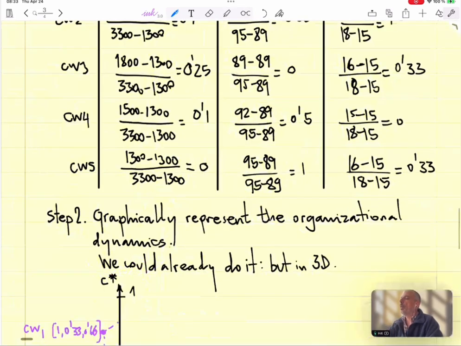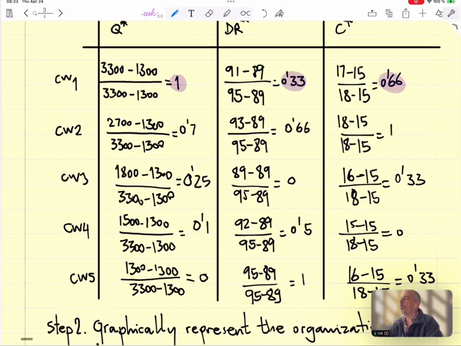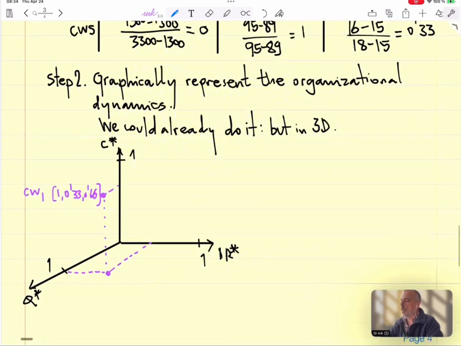0.7, 0.66, 1. Good. 0.7, somewhere here. 0.66. And then 1, higher up.